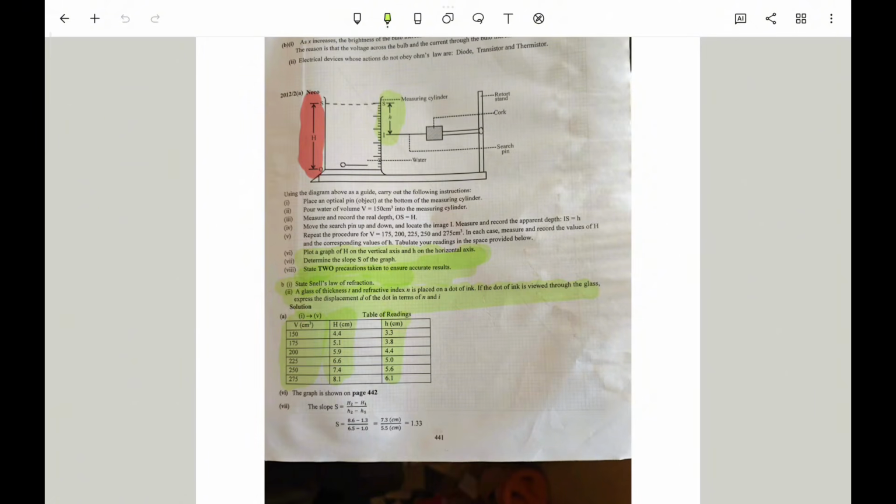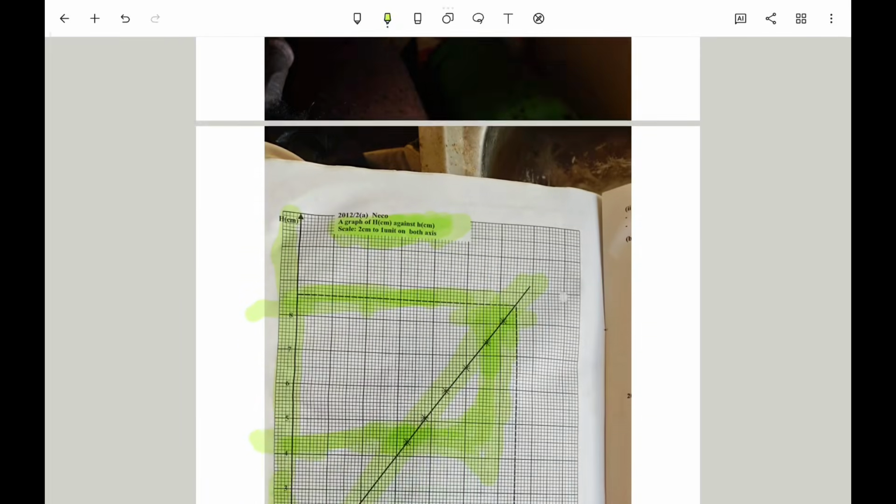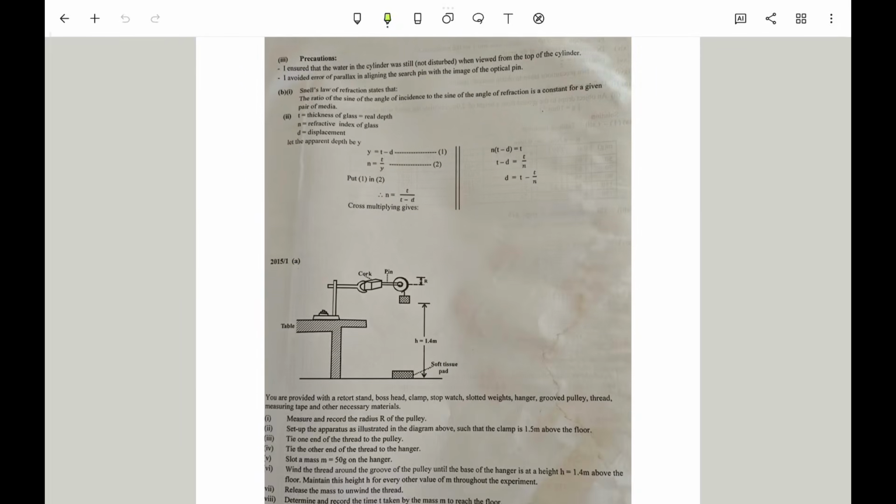The slope S equals H2 minus H1 over small letter h2 minus h1, which will give you 1.33. You can see that it's close to the refractive index of water. So that's what they are expecting you to find.